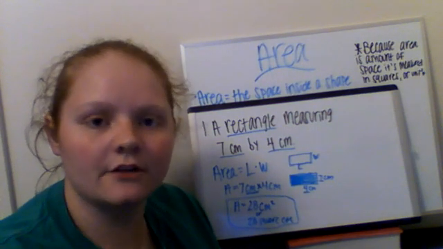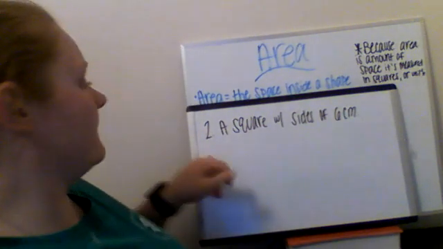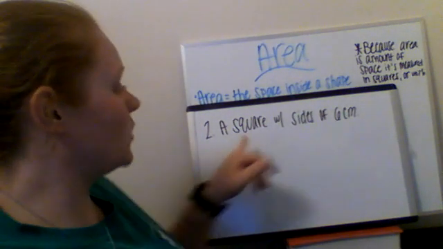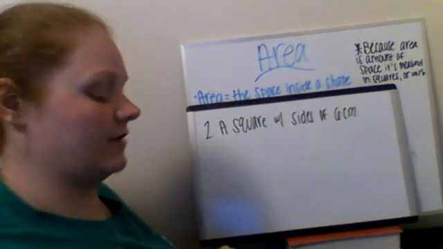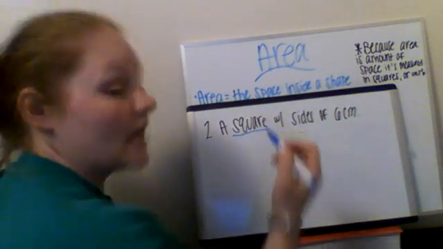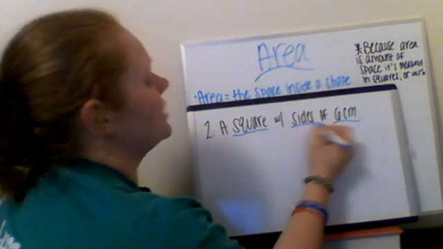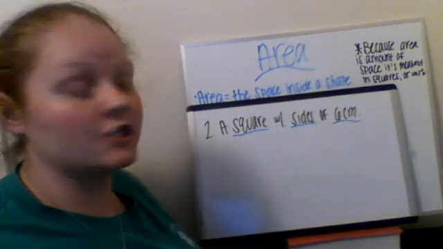Let's look at another example. All right, so if you look on my board, I have another word problem. A square with sides of 6 centimeters. I'm going to underline square because that's the shape I'm looking at, and I'm going to underline 6 centimeters, so that's the measurement of each side.